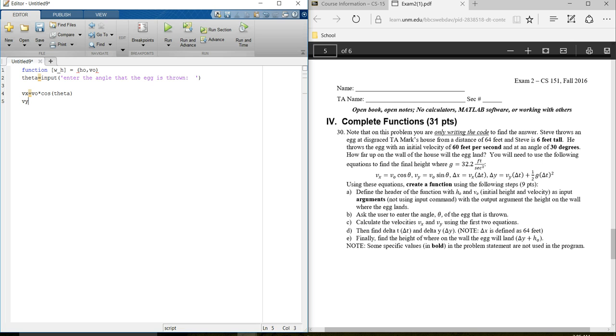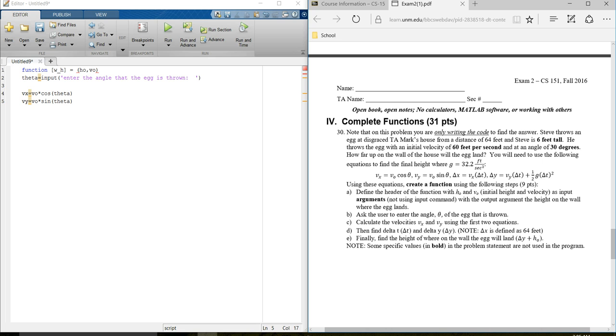Vy is equal to V naught times the sine of theta. Steve uses degrees up here, so I feel like we should stick to degrees. Yep, that seems appropriate.